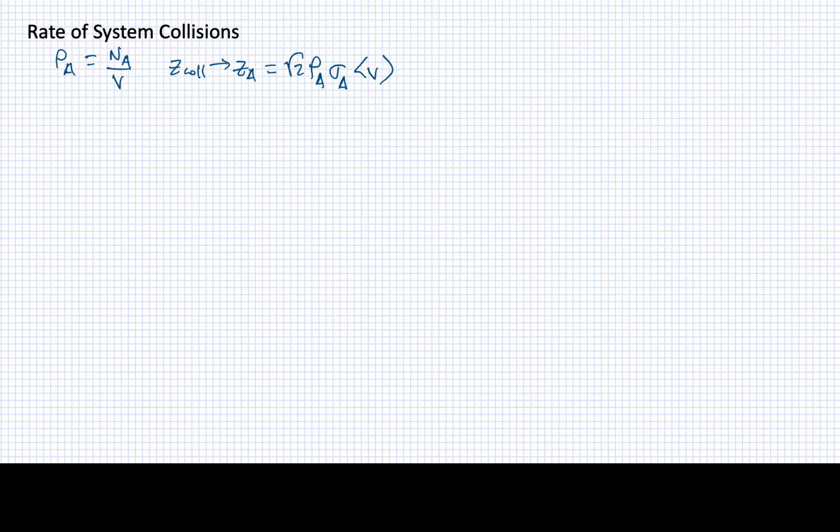All right, so this was great, but it was really just the collisions for one molecule. What if we now want to consider a certain volume containing, say, Na different molecules, and I want to know how many total collisions there are? Well, if there's this collision rate for one molecule, it would simply be this times that for n molecules.